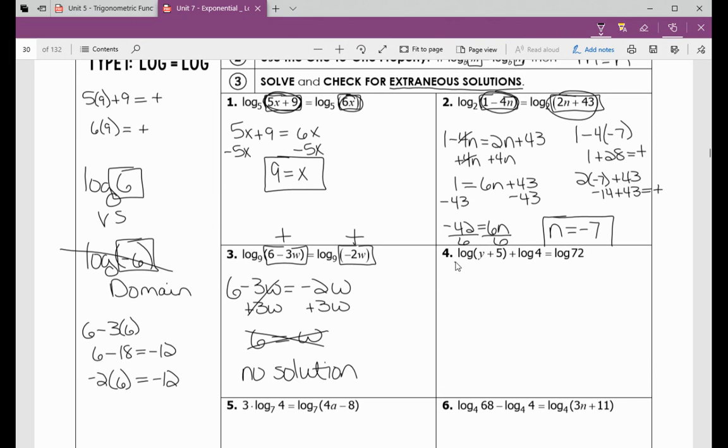So in this scenario, I have a log plus a log. That changes to one logarithm with y plus 5 times 4 behind it. You pull these two numbers together with multiplication.